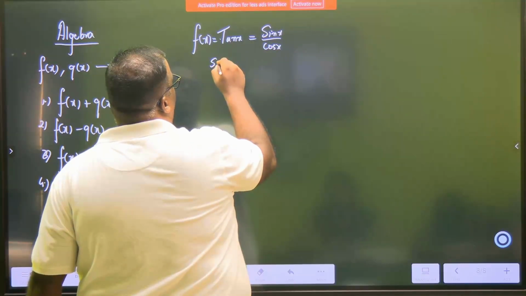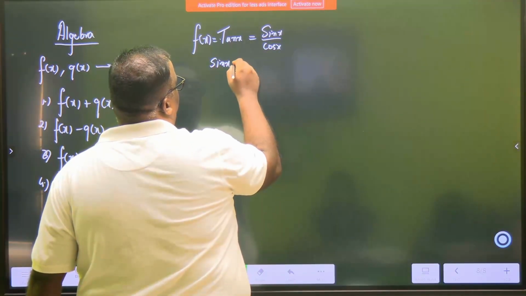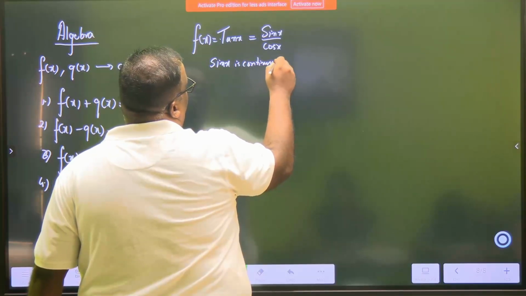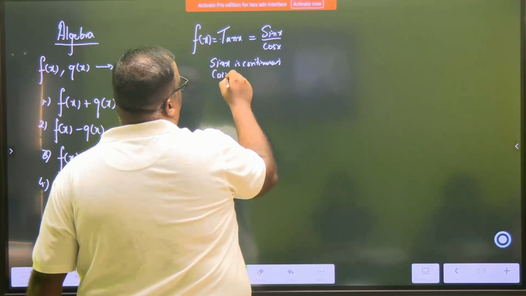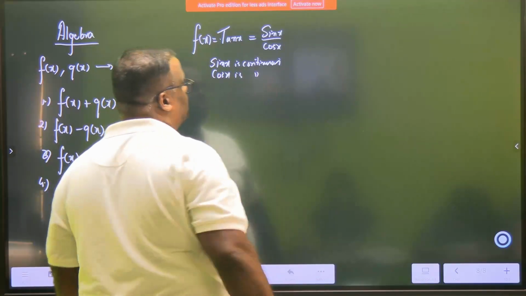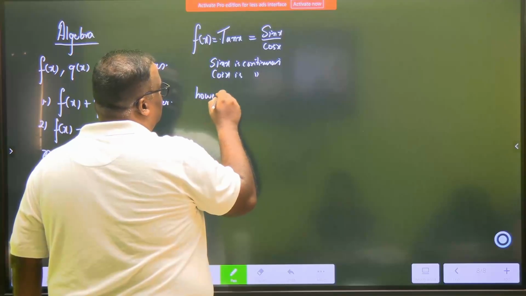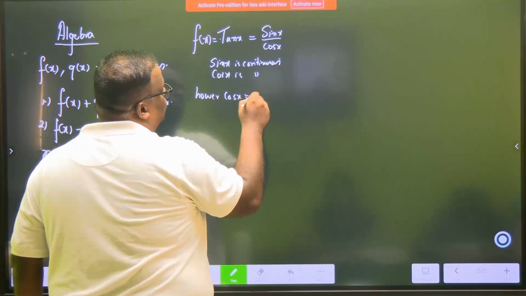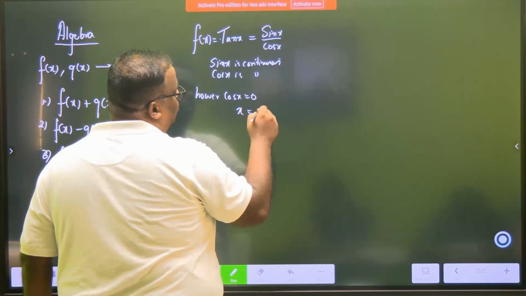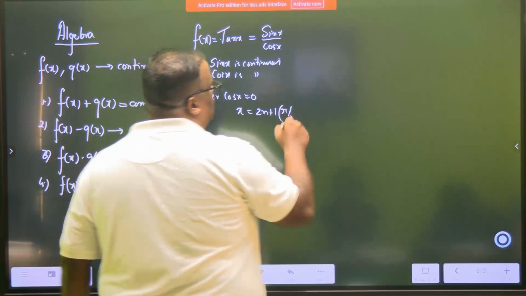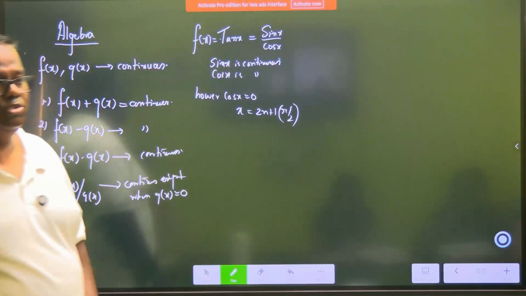Now, sin x is continuous, cos x is continuous. However, cos x is equal to 0 when x is equal to (2n plus 1) into pi by 2. Means 2n plus 1, where n can be equal to 0, 1, 2, 3.